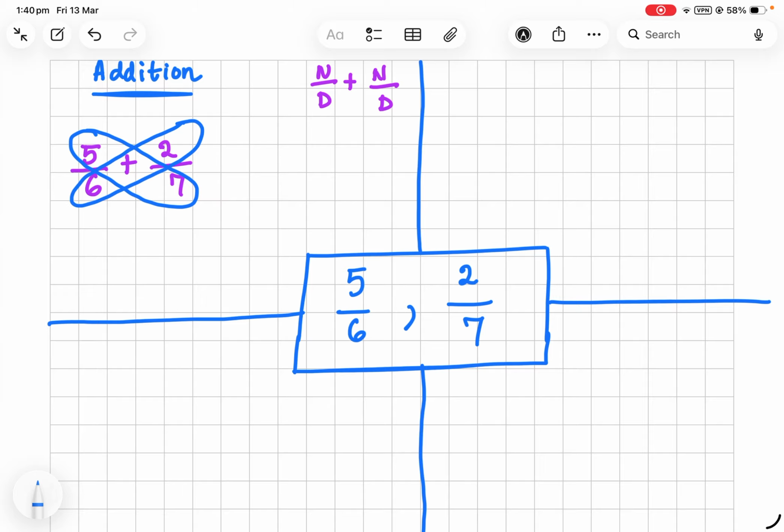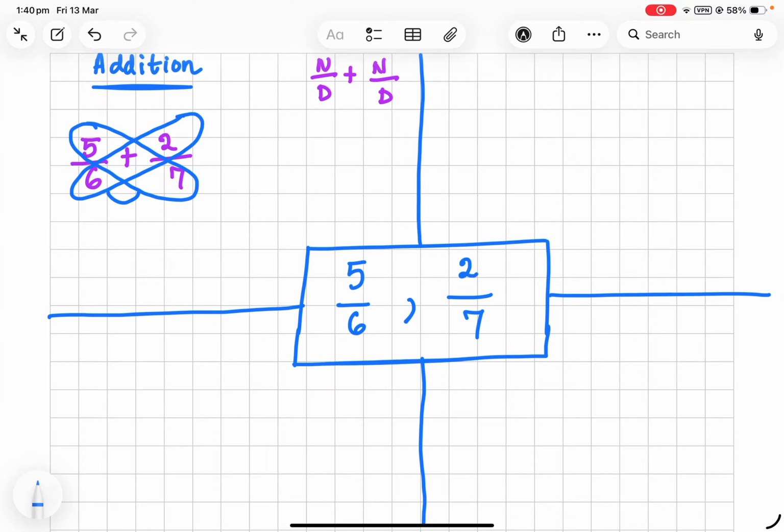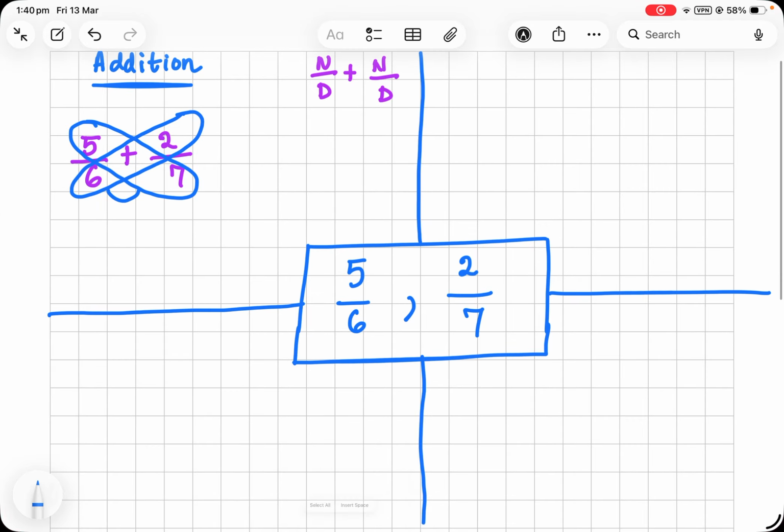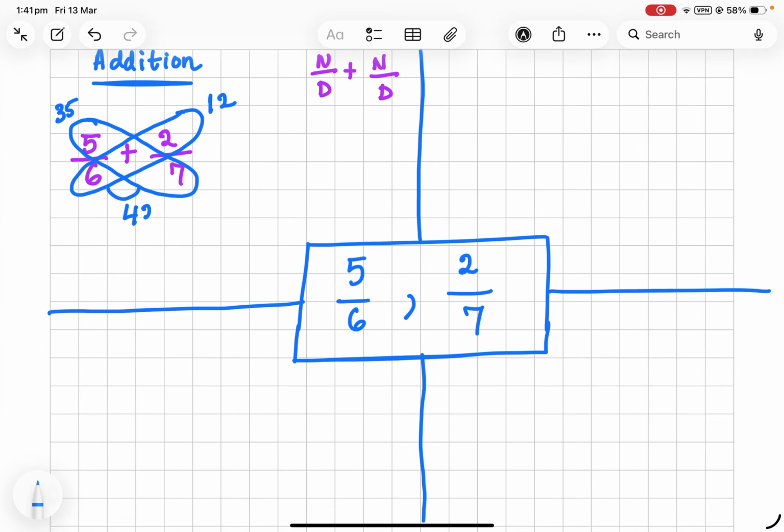You're going to draw two wings and then have a smiley right there. Now you need to multiply all these numbers. So 7 times 5 is 35, 6 times 2 is 12, and 6 times 7 is 42.